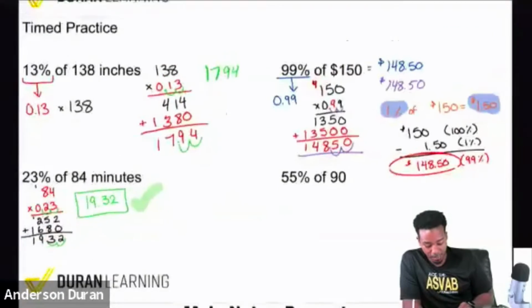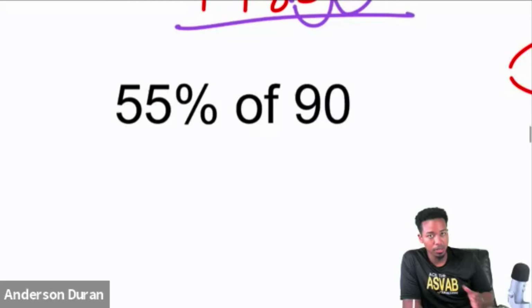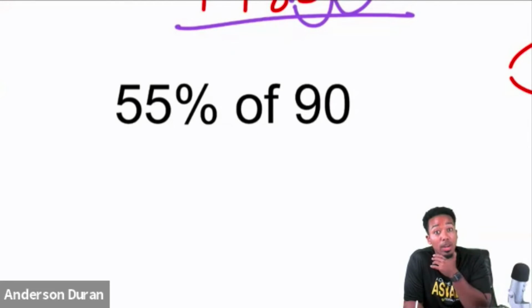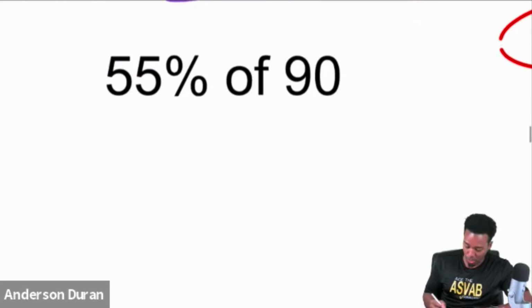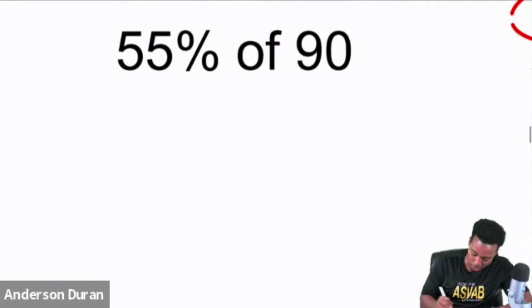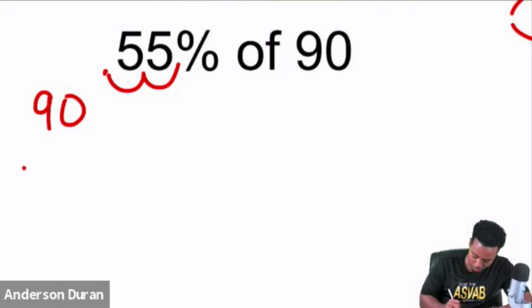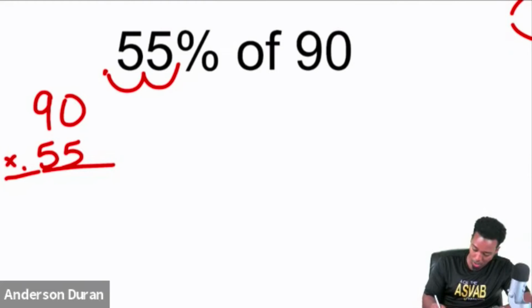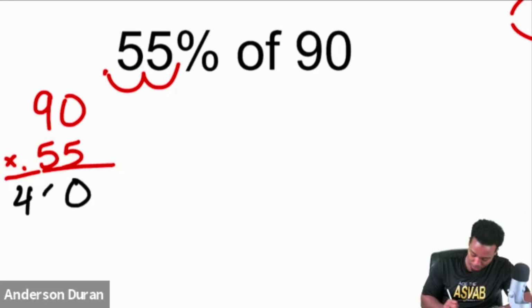55% of 90. Here we can use a convenience, but I'm going to do it the straight up way first and then work with the convenient way after. So let's get after it. If we're trying to get after it as fast as possible, I'm just going to move the decimal place over, and I'm just going to do 90 times 0.55. 0 times 5, that's going to be 0. 9 times 5, 45.